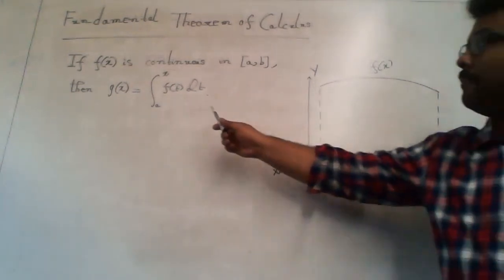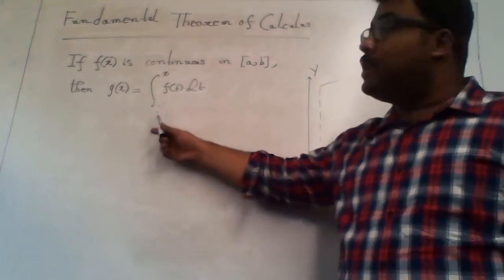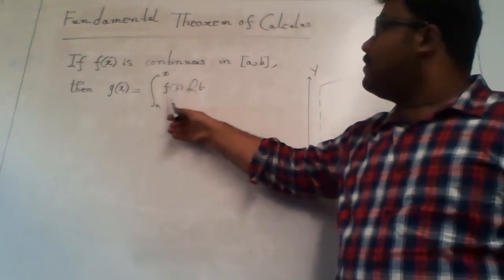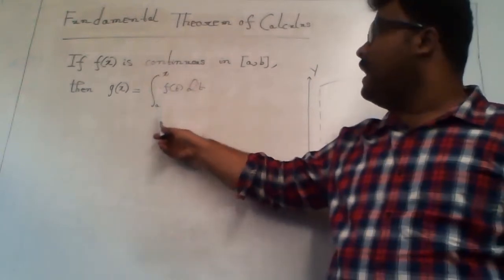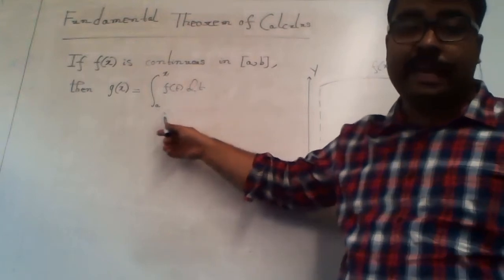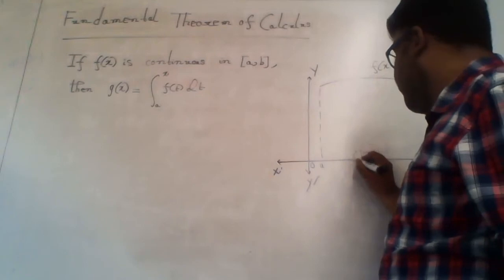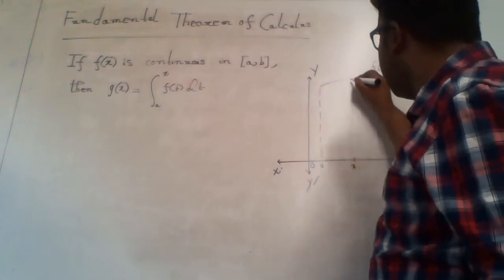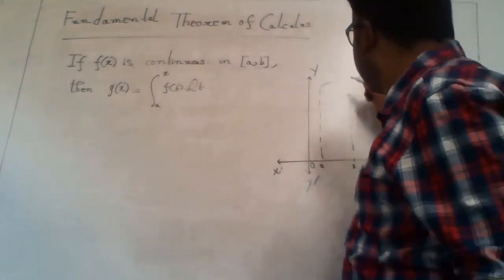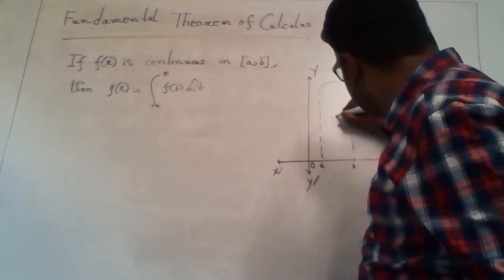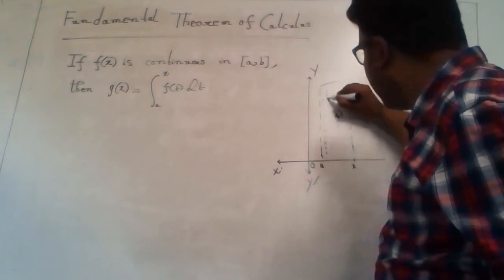Then I define this function g(x), the integral from a to x of f(t) dt. What does this integral represent? It represents the area from a to x. So let's take a point x here. This area will be my g(x). Let me use a dotted line to denote this.